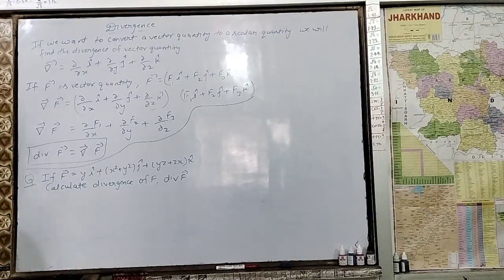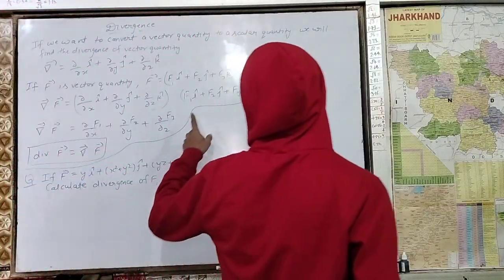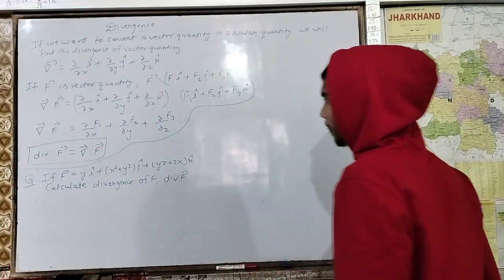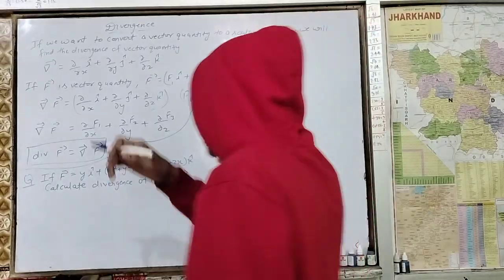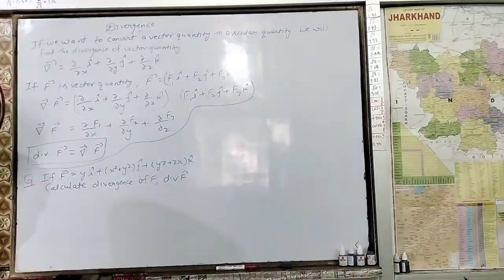You know the value of divergence is equal to this much. Now let's substitute the values.